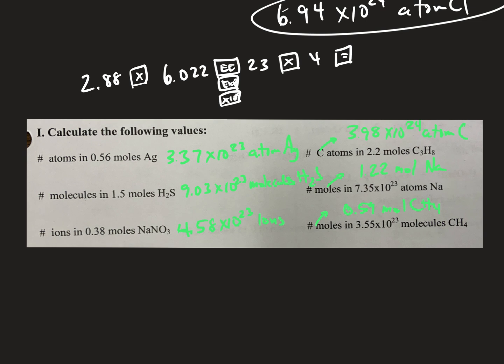I don't know. Na plus, NO3 minus. There's no parenthesis here, so there's only one of those and one of those. So there's two ions for every one molecule. Do you get that? So we have to do one more step.